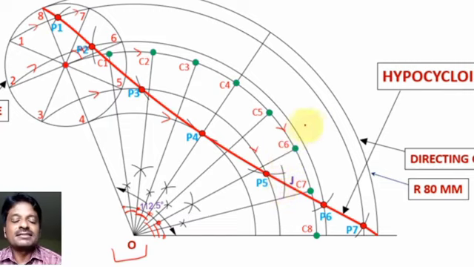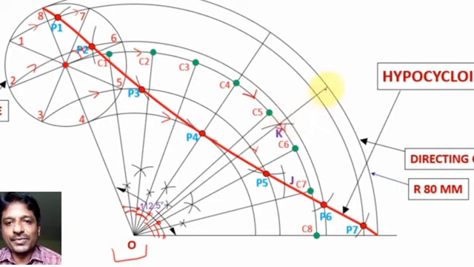Mark on the center line that passes through the center of the rolling circle. Name the point as K. Join K and O.